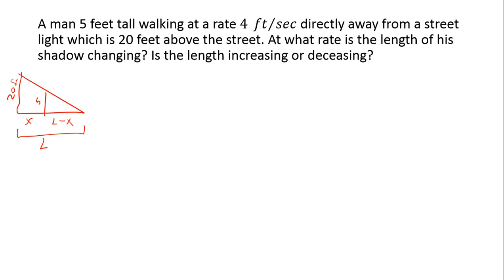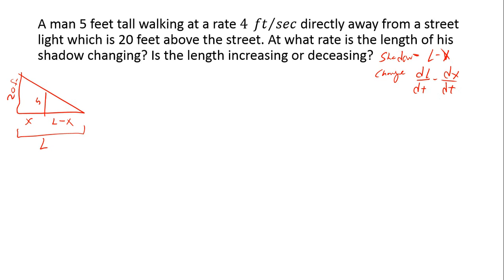Well, since his shadow is L minus x, that means that the rate of change would be dL over dt minus dx over dt. So once we find the difference between these two, we're able to subtract them, and that is the rate of change in the object.